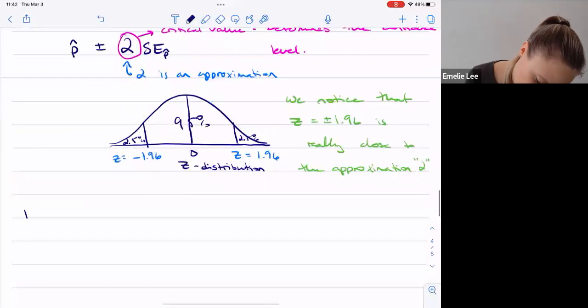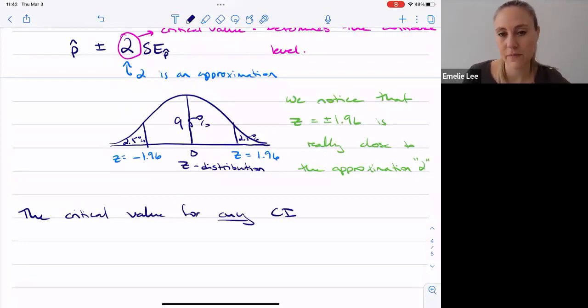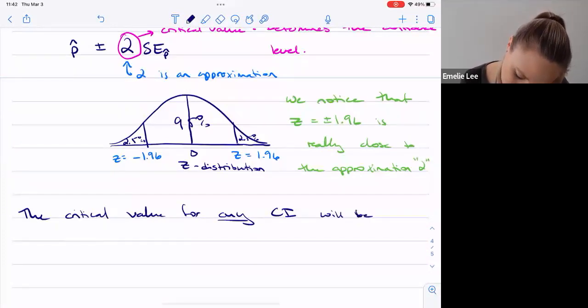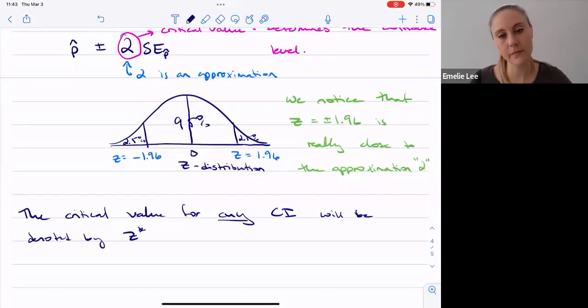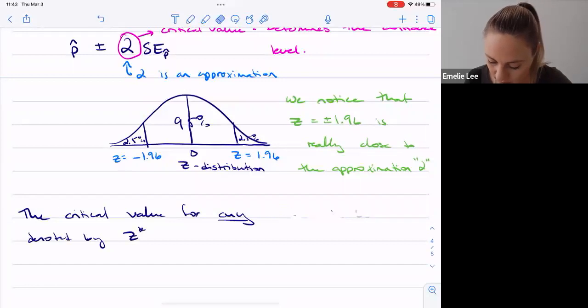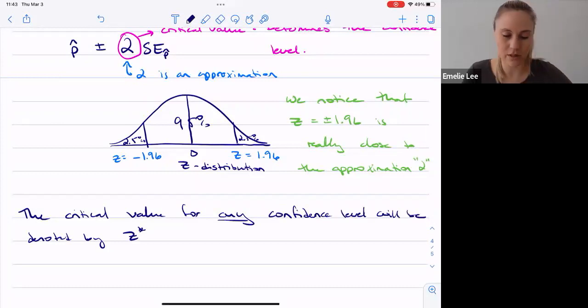The critical value for any confidence interval, and we're going to stick to the ones that are in the table, maybe I should say confidence level instead of confidence interval, will be denoted by Z star.